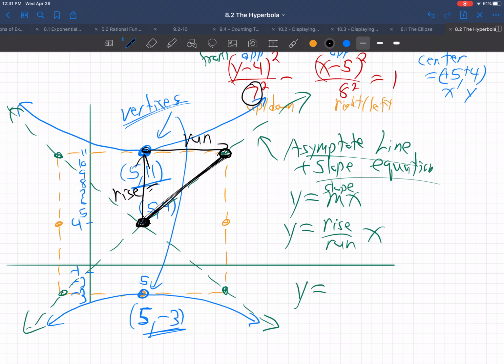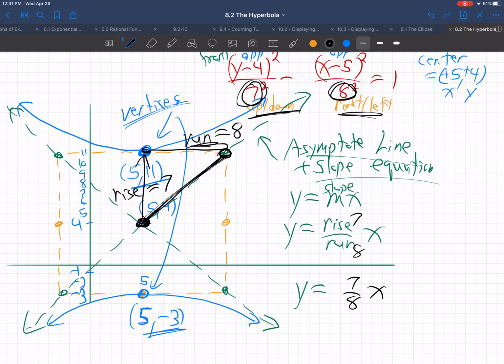The rise must equal 7. And the run is whatever's underneath x, that must be 8, because that's how far right or left from the middle of the box. So the rise must be 7, the run must be 8. So this is 7/8 x.